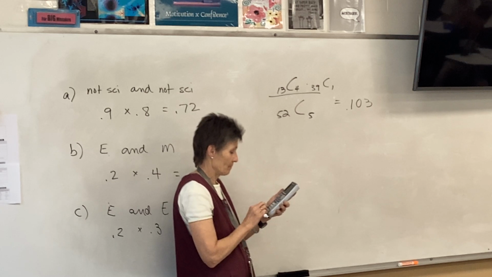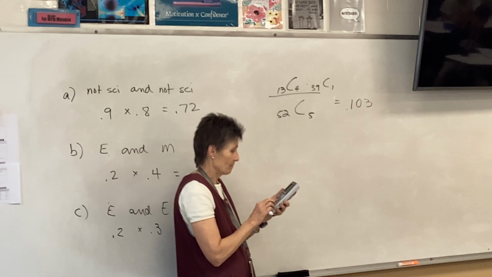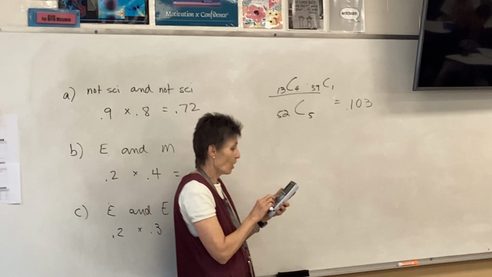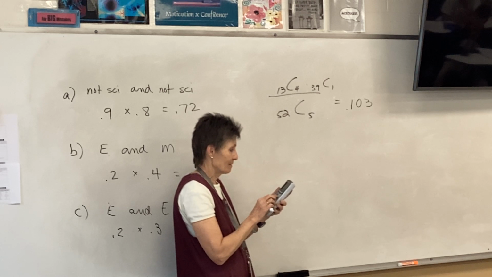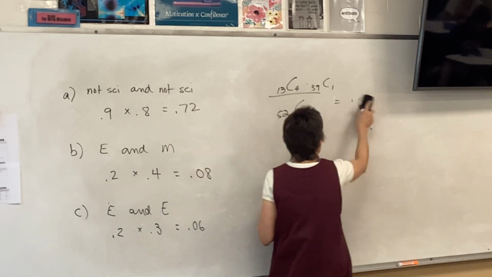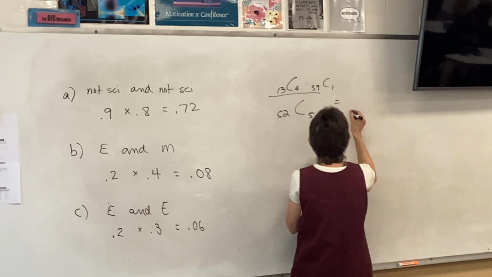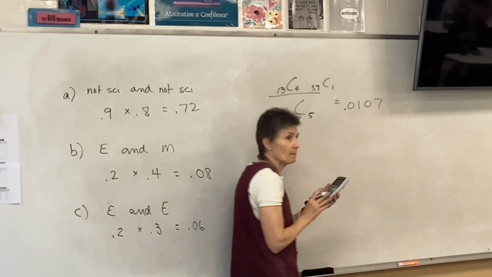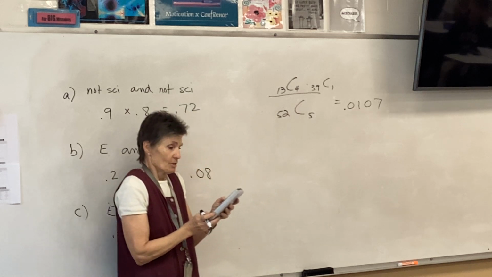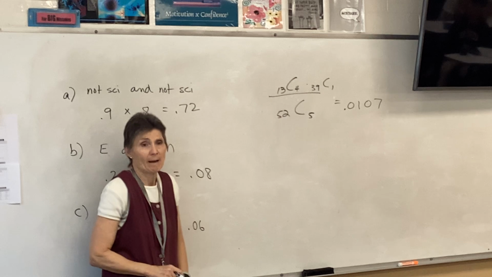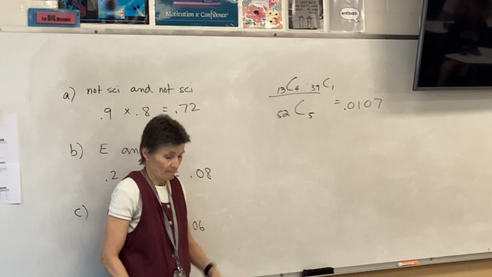I got 0.01. Oh, I see what I did wrong. You're right. 0.0107. Is that what you came up with? So there's basically a 1% chance that that will happen.